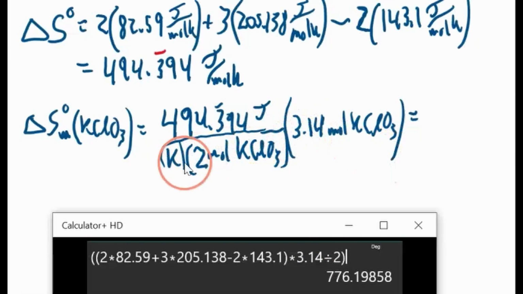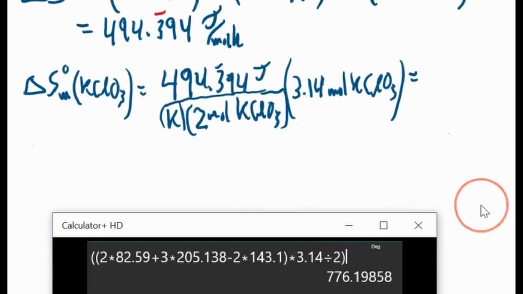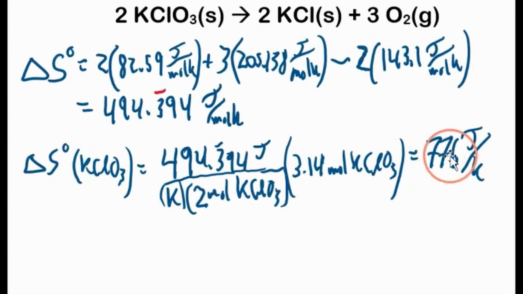We only have 3 sig figs. This number 2 is an exact value, so 776. Yep, that's it. Final answer: 776 joules per Kelvin. This wouldn't be the molar entropy in this case. This would just be the change in entropy for 3.14 moles of KClO3.